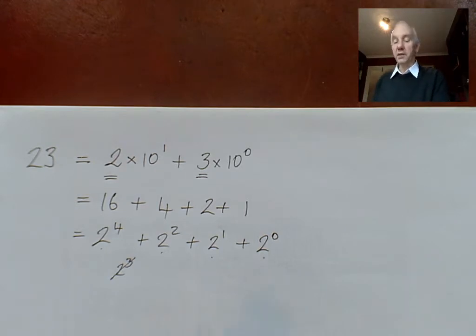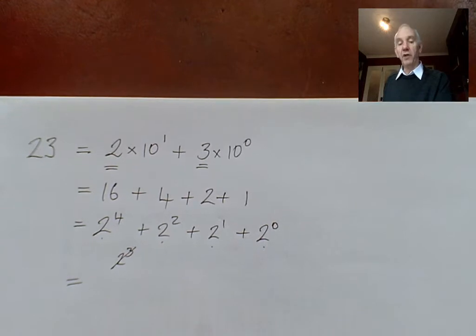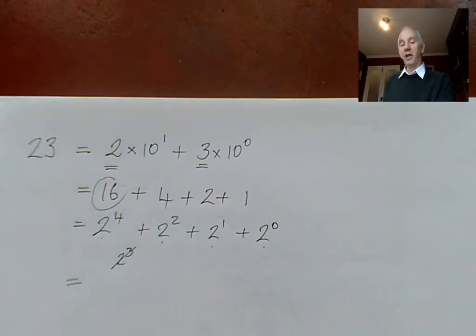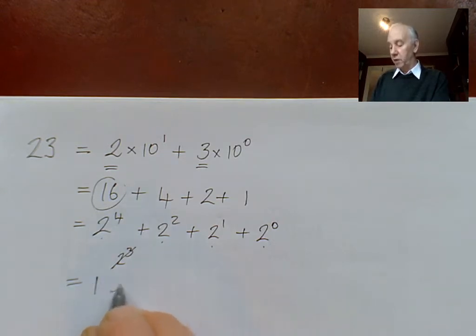So that's telling us that 23, how do we write it in binary? Well, let's start with the 16. If we were just writing 16 in binary, it would just be 2 to the 4, and that's easy to remember. It's actually 1 with 4 zeros.